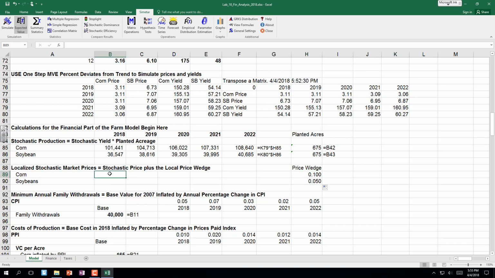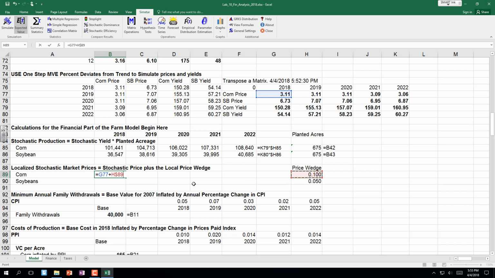Now, to get my stochastic values, and just to remind myself what these are, I'm going to make those bold. Okay. So my stochastic price for corn, the local price, is going to be that 311 in expected value plus that wedge.